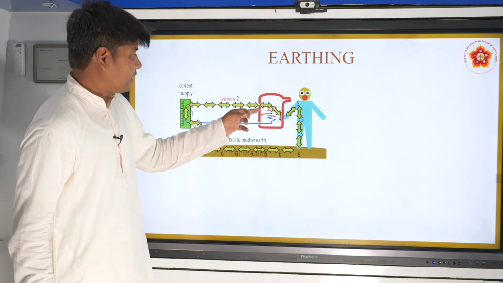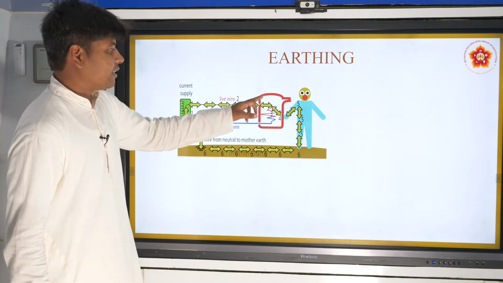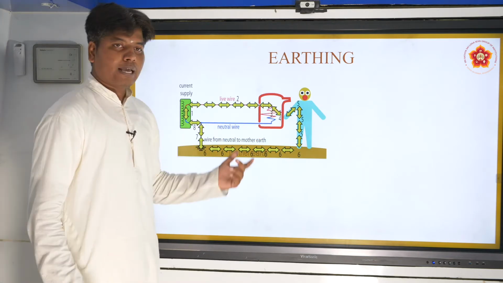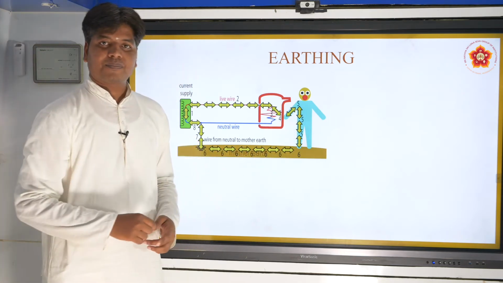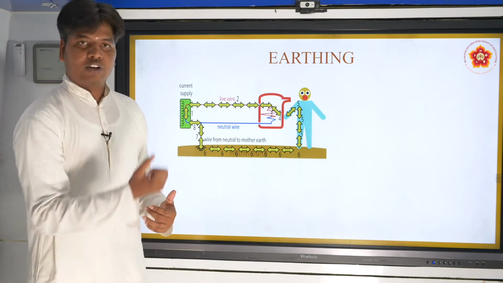There is a live wire going and you touch this metallic body which is leaking onto this conductor. This live wire has some leak onto this conductor. What happens? The current goes through you and goes to the earth, because earth, we call it a sink of the charges.